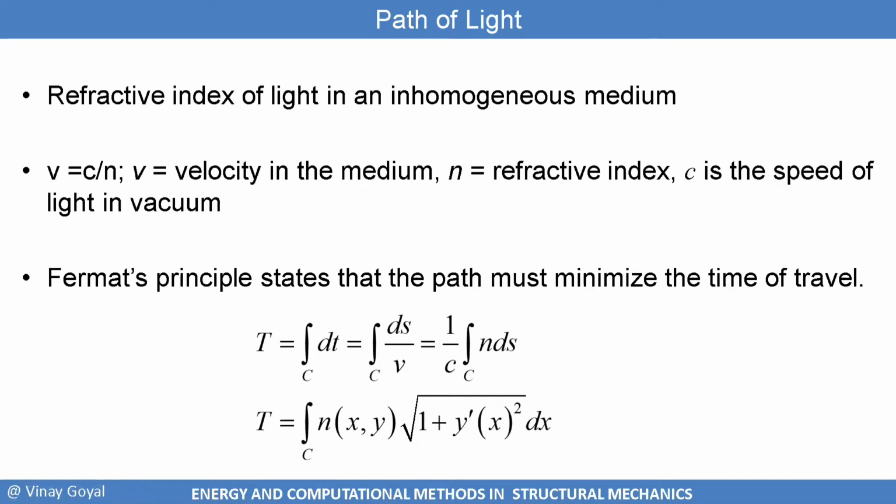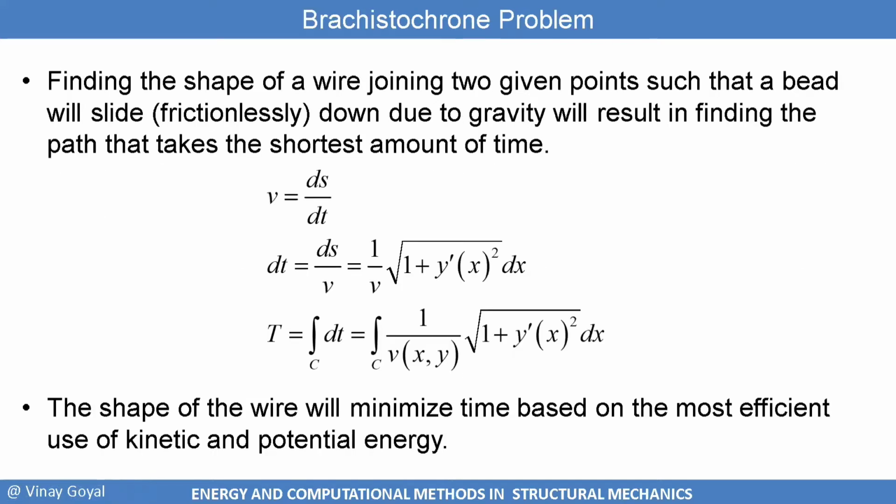Another very interesting problem that's in my book, and I invite you to look at, is called the Brachistochrone problem. The question being asked here is to find the shape of a wire that joins two given points such that a bead will slide down due to gravity, resulting in the path that takes the shortest amount of time.